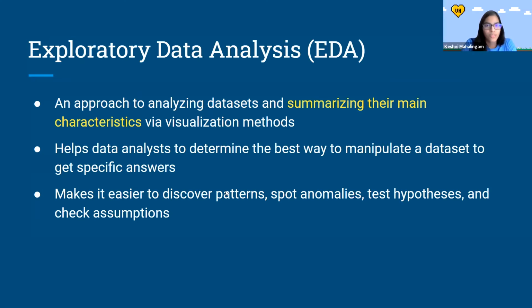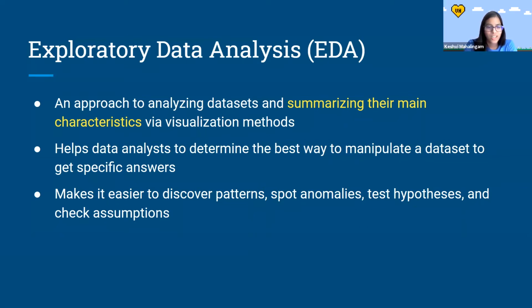All right, so now we're going to talk about EDA, or exploratory data analysis, and this is just an approach to analyzing data sets and summarizing their main characteristics via visual representations or visualization methods. Visualization methods just refers to graphical representations like scatter plots or bar graphs. When we're talking about the characteristics of a data set, for example, if you gather data from a group of people, then your raw data might have quantitative characteristics like age and weight.